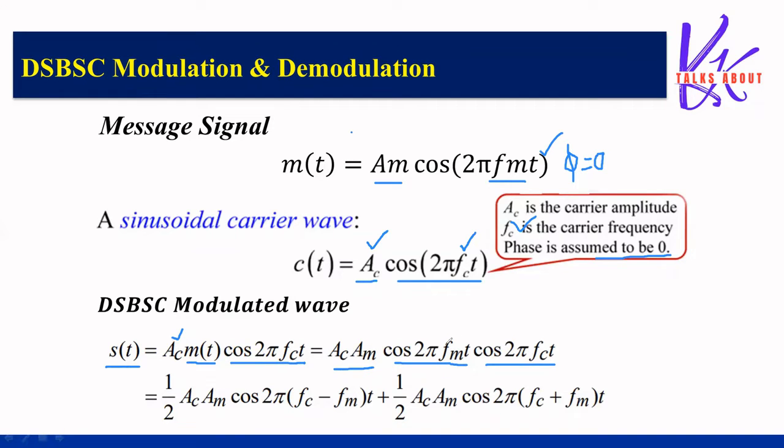By applying the formula for cos A cos B, we have half of AC AM cos of 2 pi (FC minus FM)T plus half of AC AM cos of 2 pi (FC plus FM)T. That means it has only one lower band and one upper sideband. So in this equation, we have eliminated the carrier, which was wasting the power.